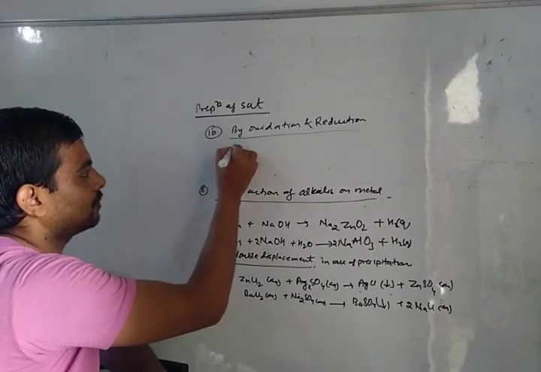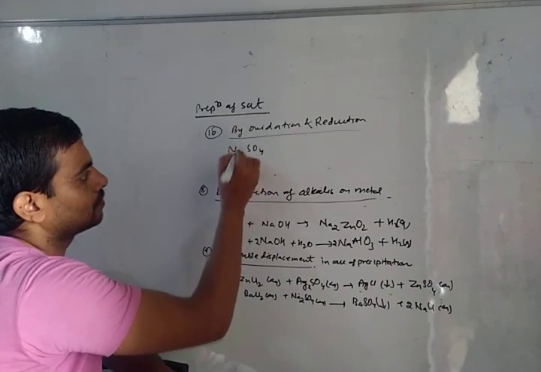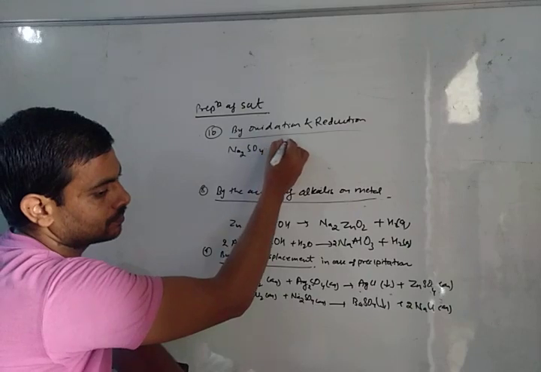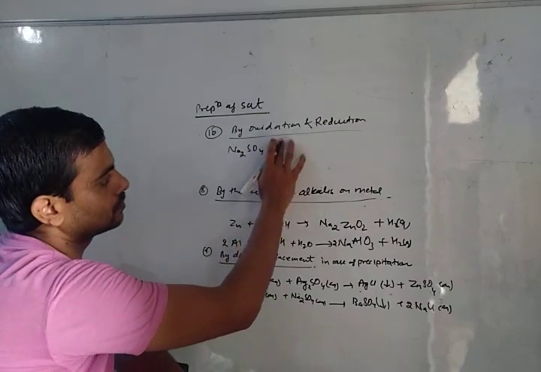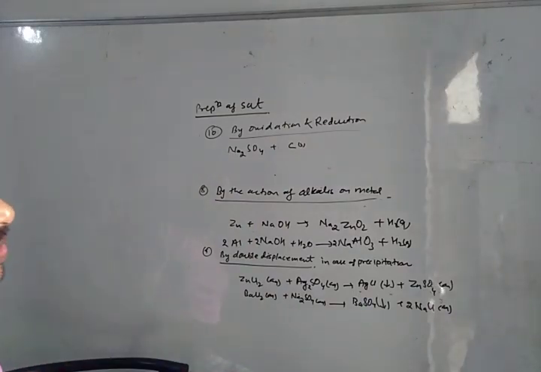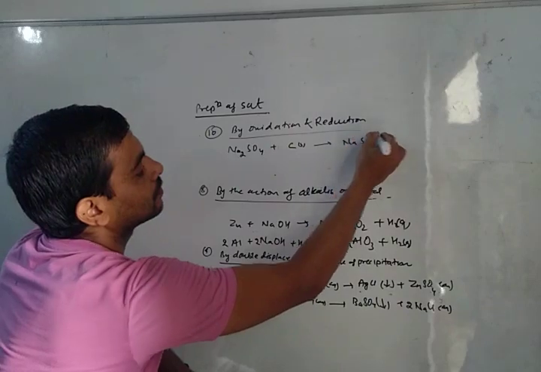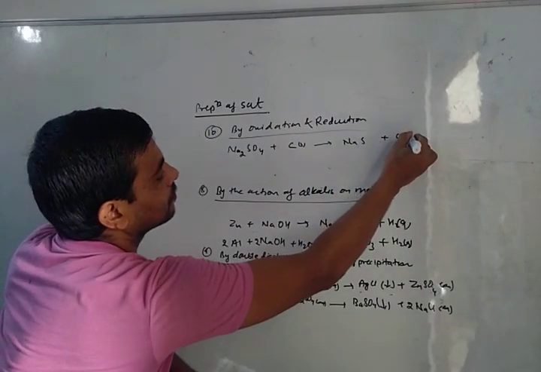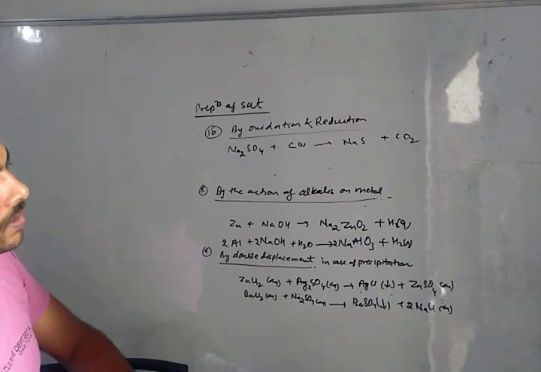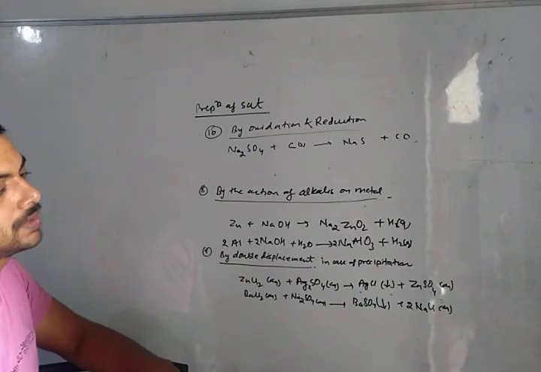Let's see. Sodium sulfate, Na2SO4, when treated with solid carbon. What happened? Sodium sulfide plus CO, carbon monoxide.